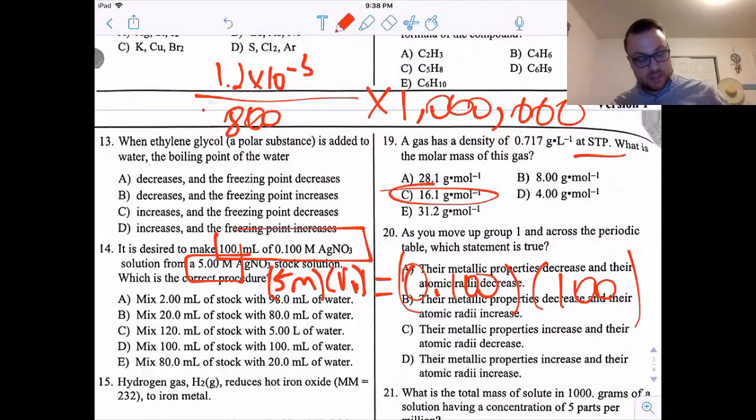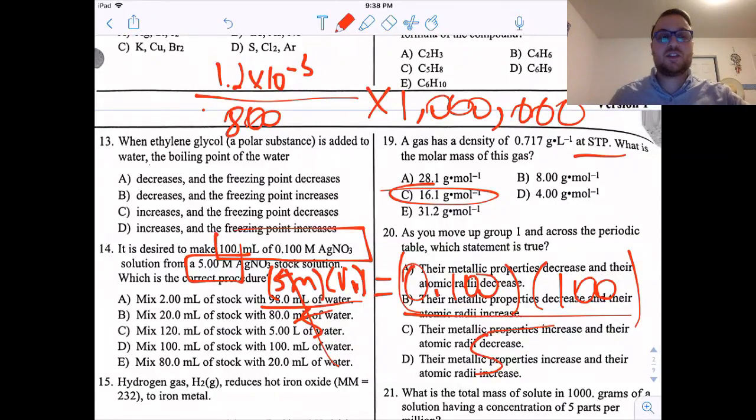So V1 is 2, which means I need to use no more and no less than 2 milliliters of a 5 molar solution and then dilute it with water up to 100 so it has a concentration of 0.1.